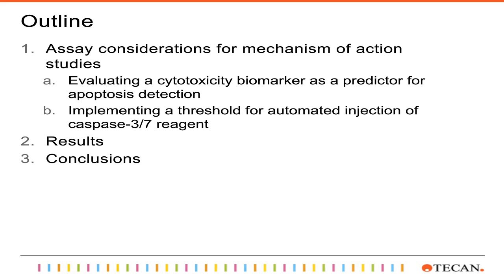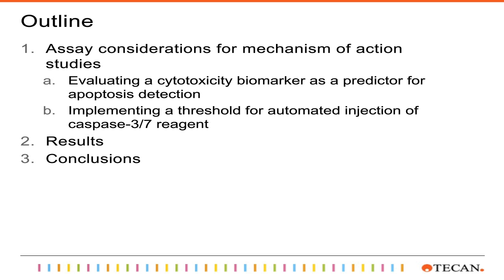So I'll first start off today by touching on considerations for mechanism of action studies. And I'm going to be delving into the applications themselves by dividing them into two separate parts. First, we're going to be talking about the cytotoxicity biomarker and whether or not we can use it as a predictor for detecting the apoptosis window of detection.